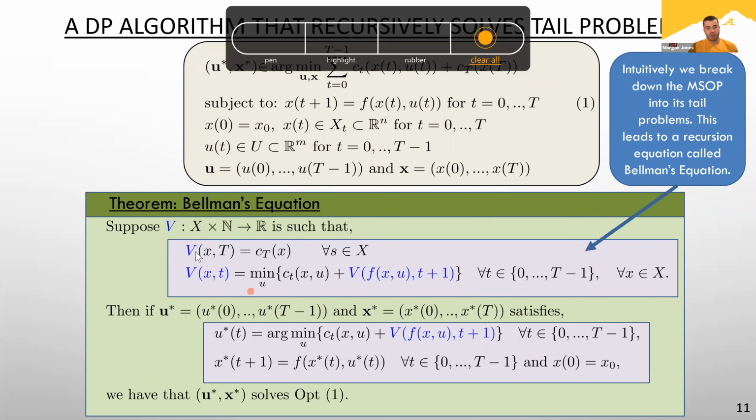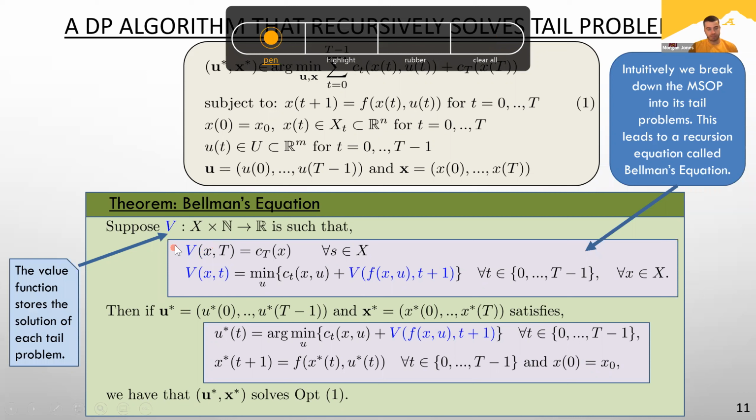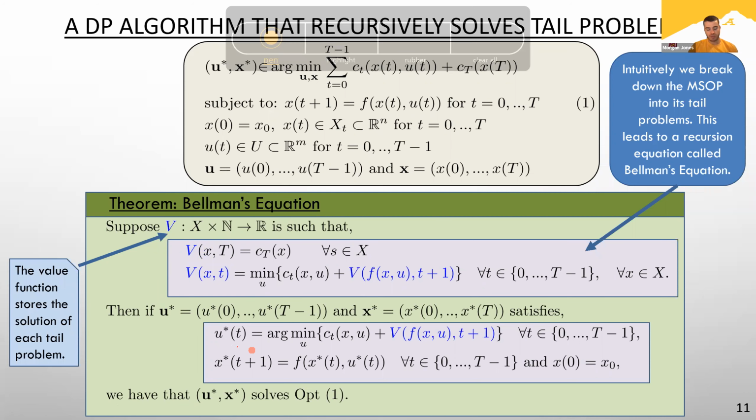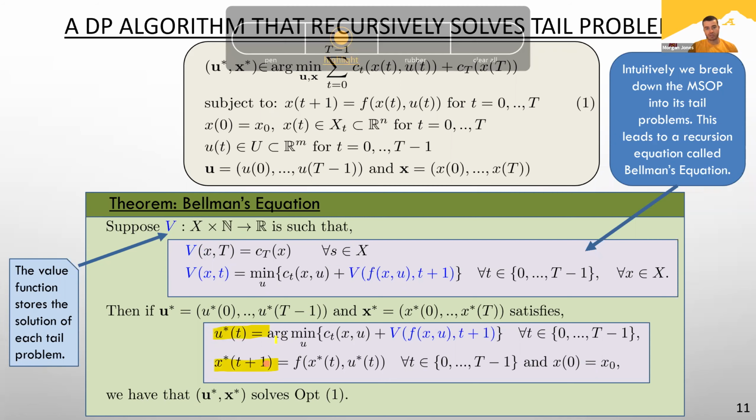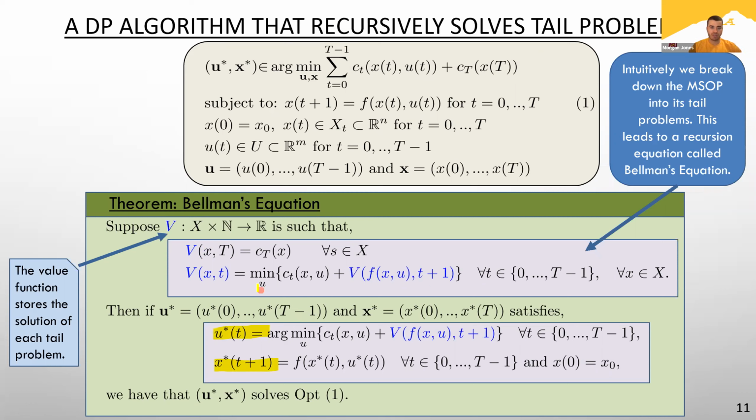If you can solve Bellman's equation, then you can synthesize an optimal input sequence according to these equations here. And we can see that it's simpler to solve Bellman's equation because you're only minimizing over one input at a time, rather than minimizing over math bold U, which denotes all of the inputs.